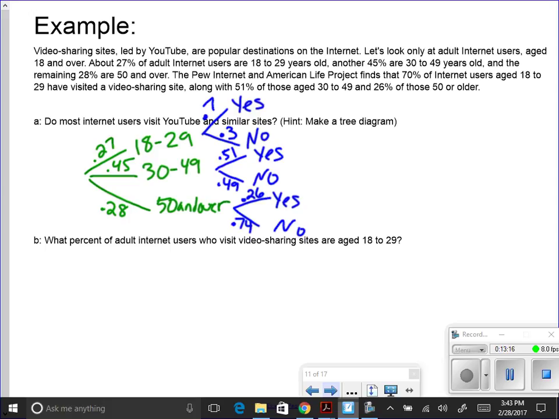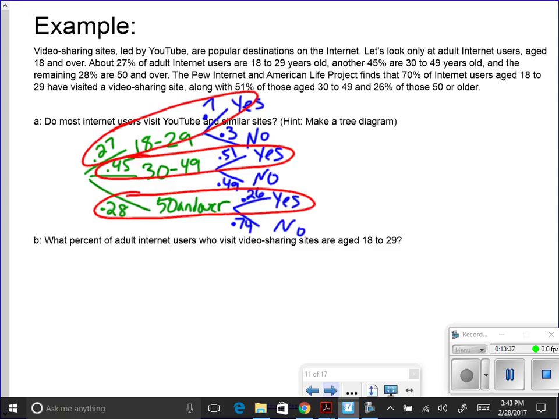So the question says, do most internet users visit YouTube and similar sites? So we're saying, do they visit the video sharing sites? So we have 3 branches that say yes. This age group goes out to yes, this age group goes out to yes, and this age group goes out to yes.